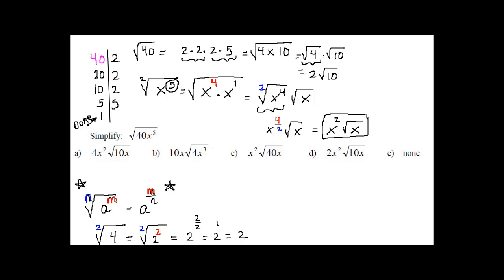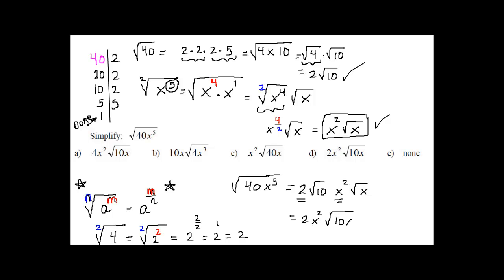So the square root of 40 x to the power of 5 would be equal to 2 square root of 10 times, for x to the power of 5, x to the power of 2 times the square root of x. So these two numbers would be outside the radicals, would be 2x to the power of 2 times the square root of 10x. It looks like the correct answer here would be B. That's how you simplify this.